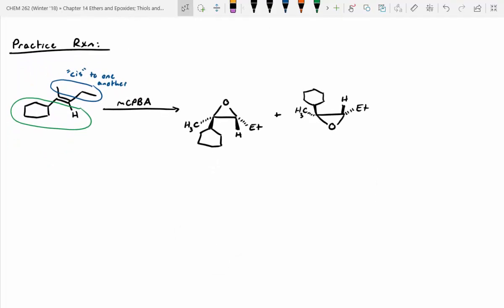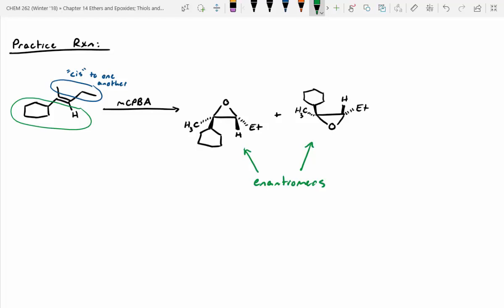The oxygen can either be the top bridge or the bottom bridge. And what's the relationship between these? They're enantiomers, right? They're mirror images of one another, but they're not superimposable. Alternatively, what you can do is just draw one of them and write plus or minus EN, right? We have zero control over which one we're making when we use mCPBA as our reagent.